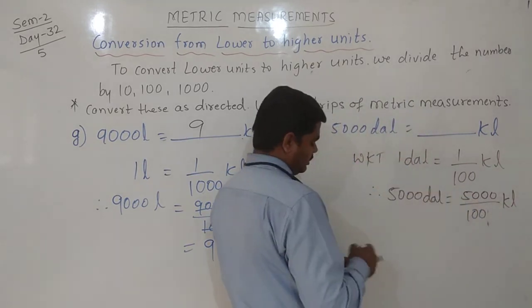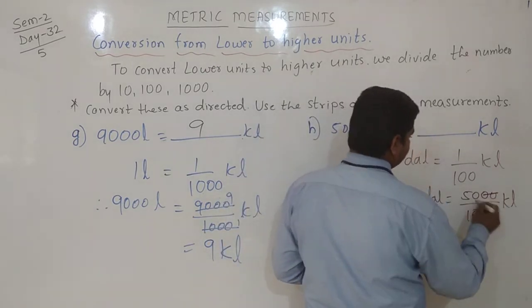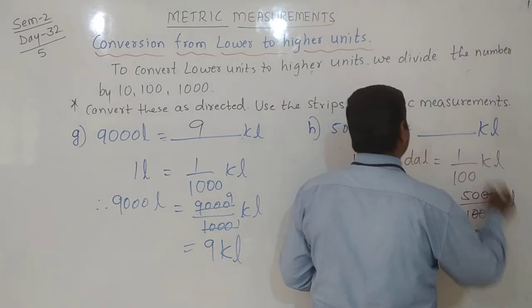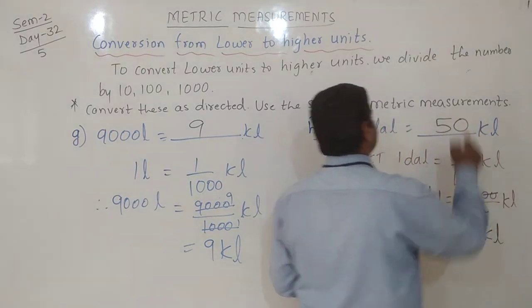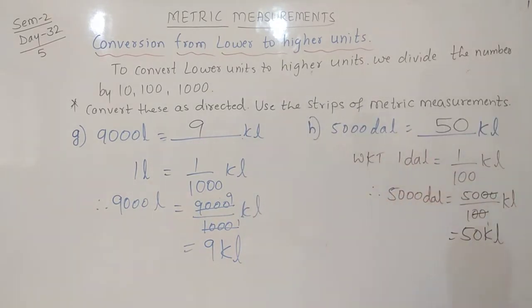Here 2 zeros, here 2 zeros, then 50 is remaining. 50 kiloliter is the answer. How much is the answer? 50 kiloliter is the answer. Write down these two. Write neatly in your notebook.